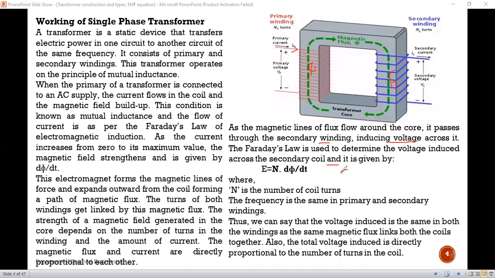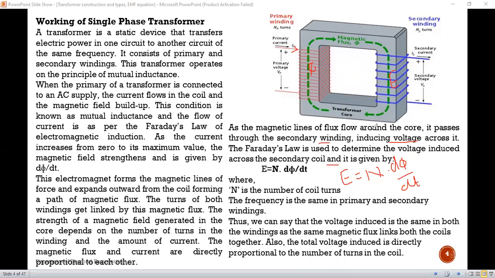So the formula for induced EMF E is equal to N d phi by dt, where N is the number of turns in that coil, and d phi by dt is the rate of change of flux.